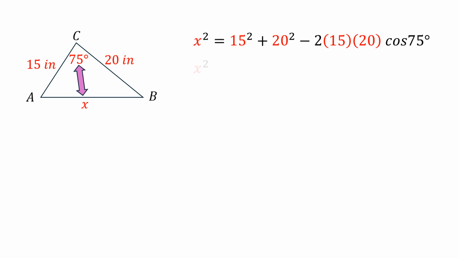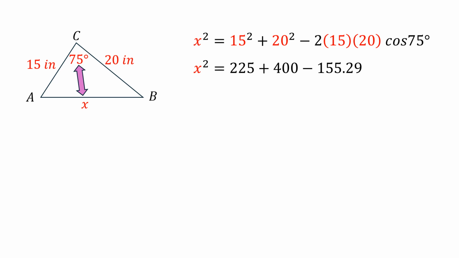Now let us compute each term. So x squared equals 15 squared, or 15 times 15, which is 225, plus 20 squared, which is 400, and then minus 2 times 15 times 20 times the cosine of 75 degrees, which is approximately 155.29.